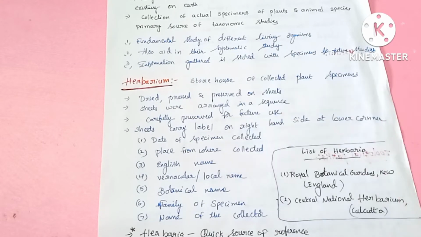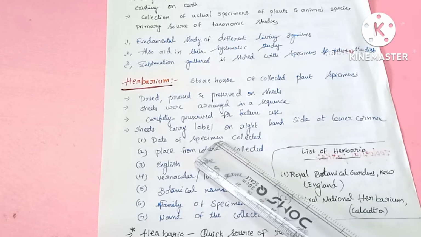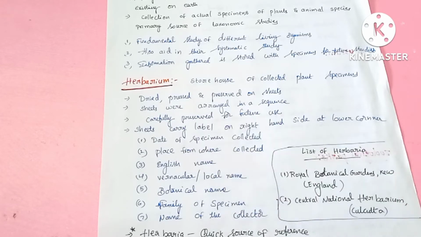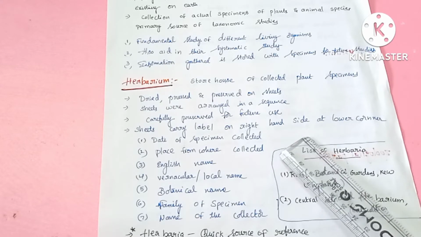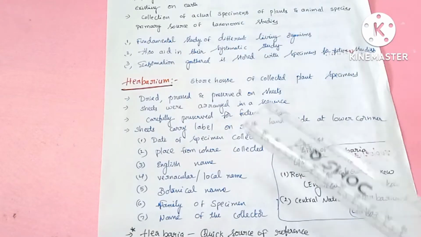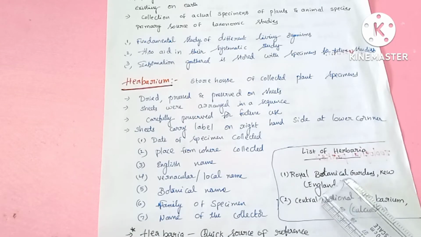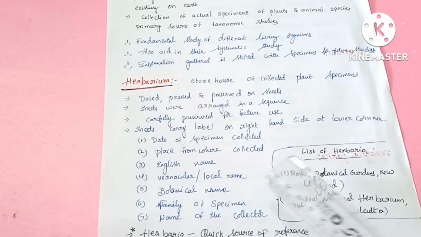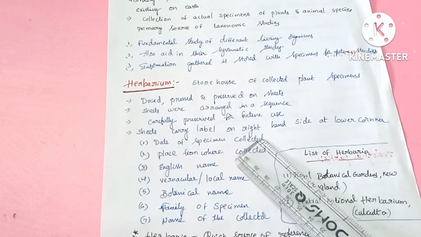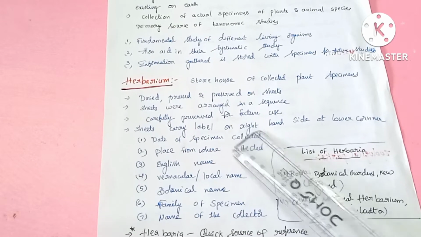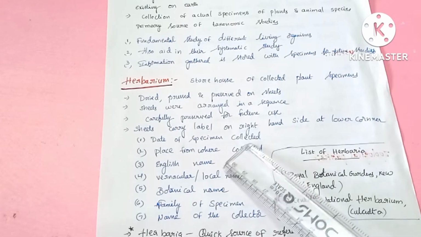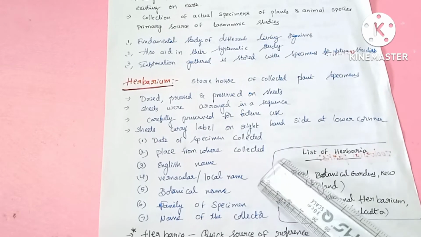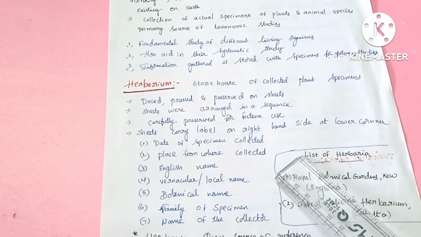And here, on those sheets we provide some information also. On the right hand lower corner of the sheet, we provide some information. What information do we write there? The date of the specimen, when it was collected, and the place where it was collected, the English name of that plant, and also the vernacular or local name of that plant are mentioned.